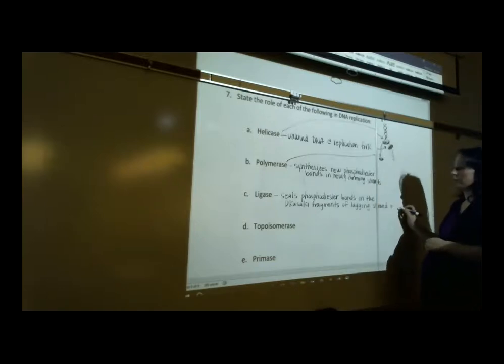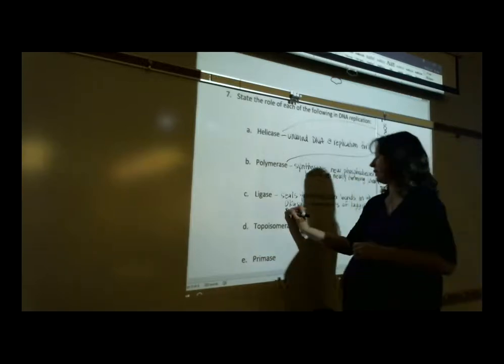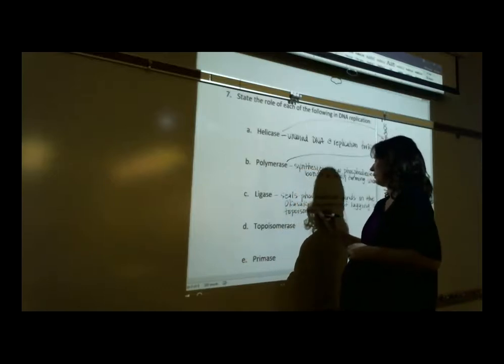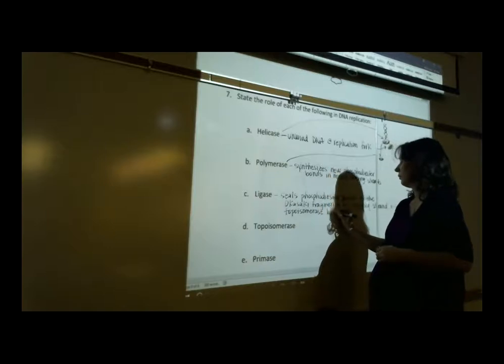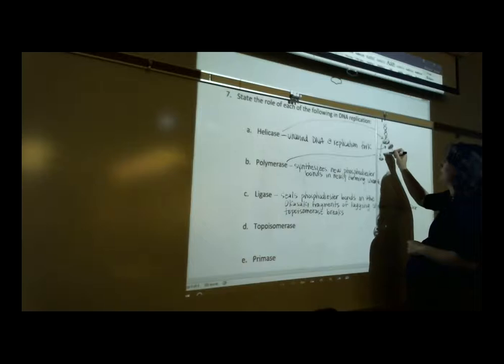Plus, it also seals after topoisomerase breaks. So there's going to have to be a ligase sitting here to seal all these back up.